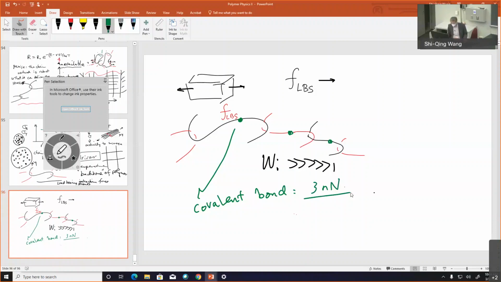And it takes about 300 kilojoule per mole of energy to break a bond for a carbon-carbon bond. A different bond has a slight variation.